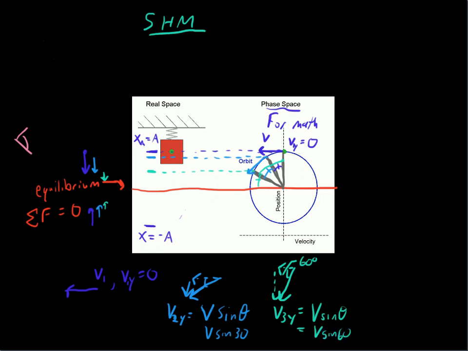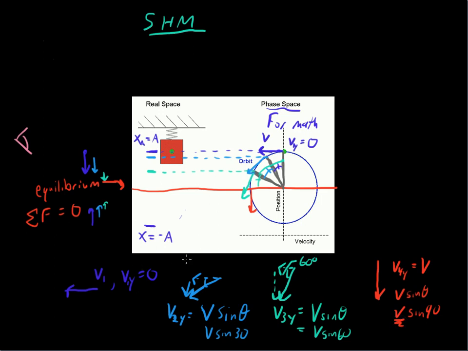And the last bit, the final segment, let me draw that up here. The last bit is just straight down. So I draw this one, and the v4 in the y is just equal to v. Now we could take it through and say it's equal to v sine of theta, where theta is equal to 90, and so I just get v.